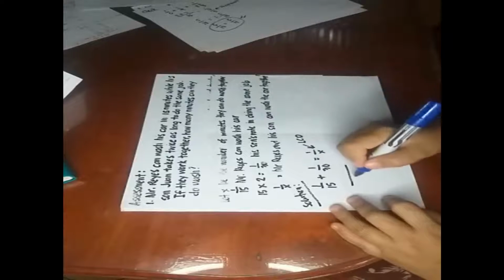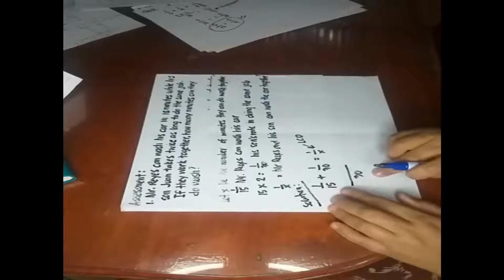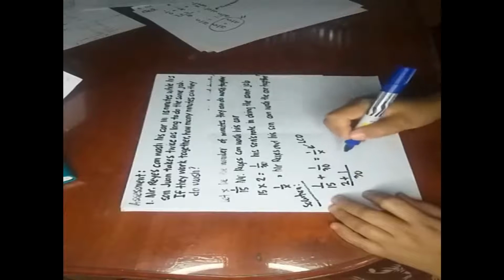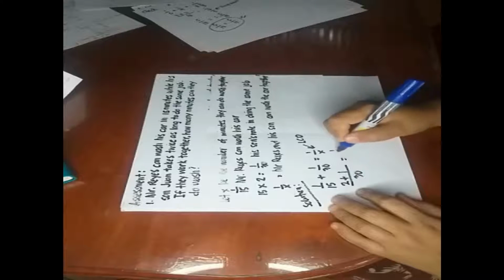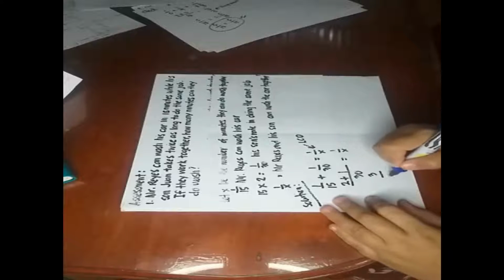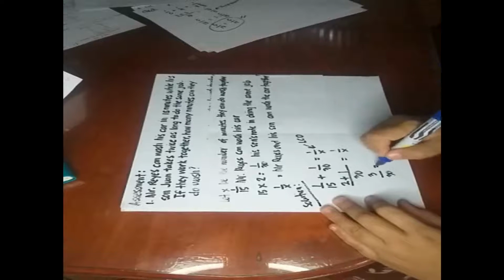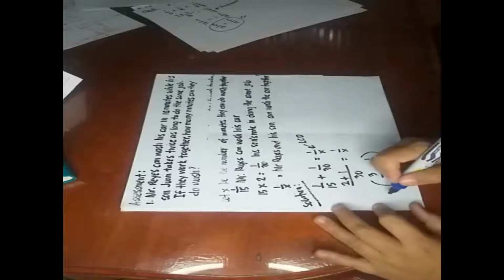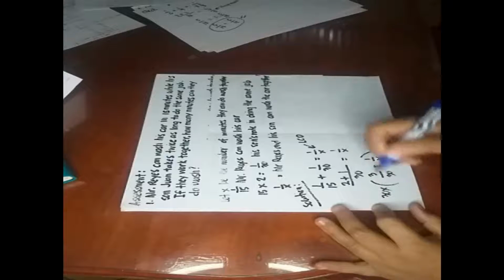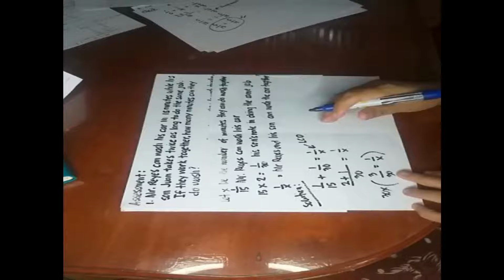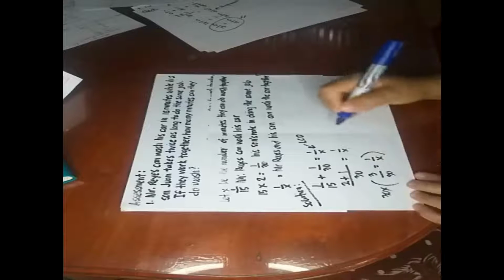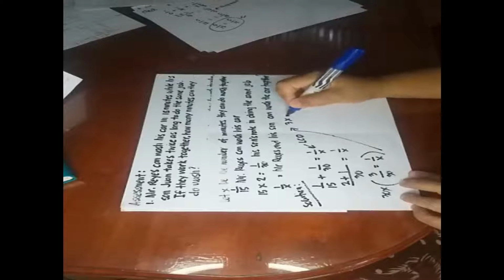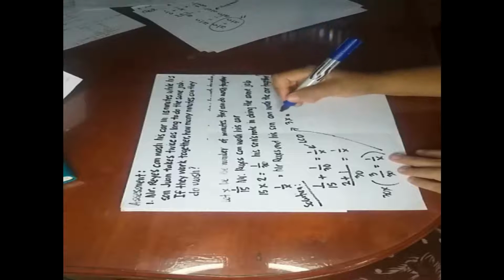So LCD is 30. 30 divided by 15 is 2. 30 divided by 30 is 1, times 1 is 1, equals 1/x. 3/30 equals 1/x. Remove the denominator by multiplying the terms by 30x. So 30x divided by 30 is x times 3 is 3x. Move to the right. 3x equals 30x divided by x is 30 times 1 is 30.